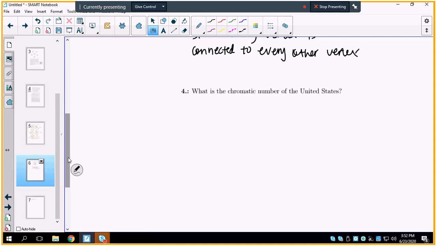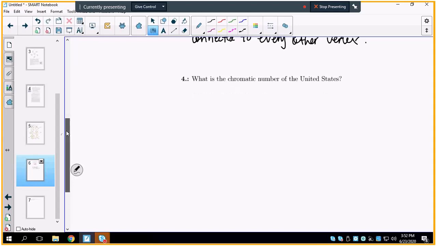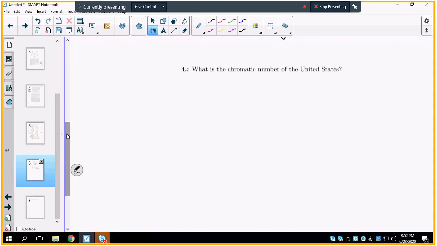Lastly, the question asks, what is the chromatic number of the United States? So this one I'm going to ask you to do on your own. So think about it on your own. And we talked a little bit about how we could turn a map into a graph. So for each state, we would need a vertex.